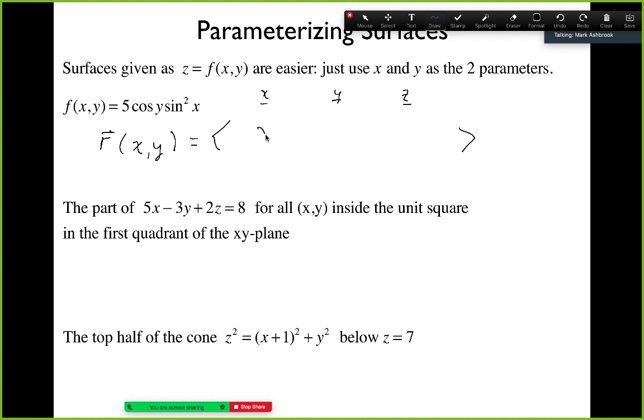Just x. And what are the y components? Just y. x and y are free to vary and be themselves. And then what would z be? We only get x and y to express x, y, and z, so we would use the function as z. Yeah, this is what z is, right there. Done.